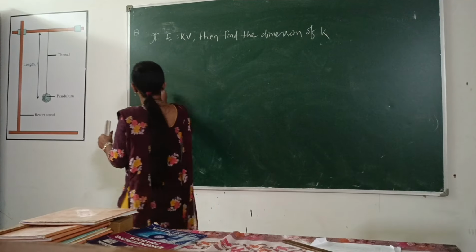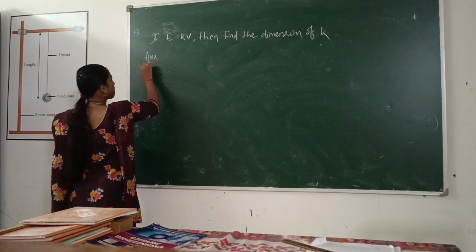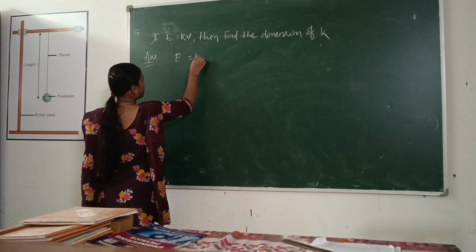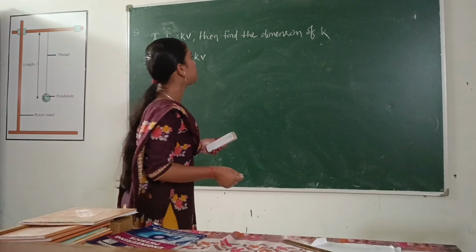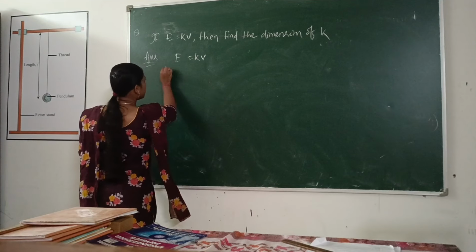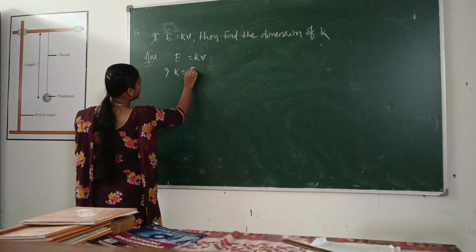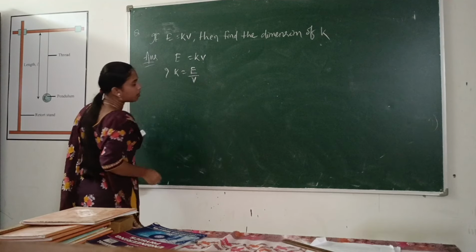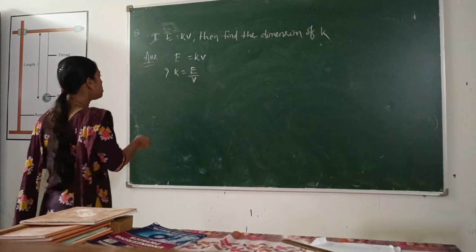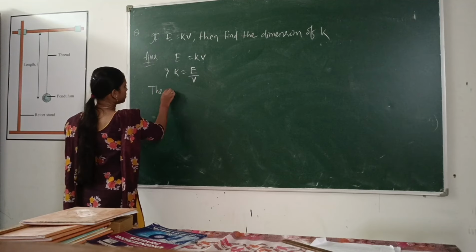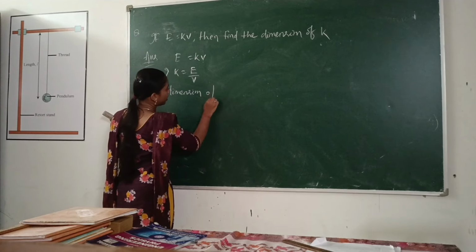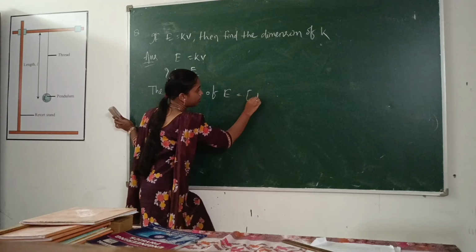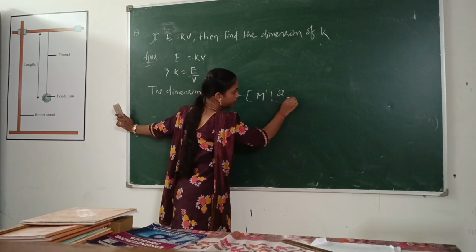So E is equal to k into v, where E is our energy and v is the velocity. So I can write k is equal to E divided by v. So the dimension of energy is m1 l2 t to the power minus 2.